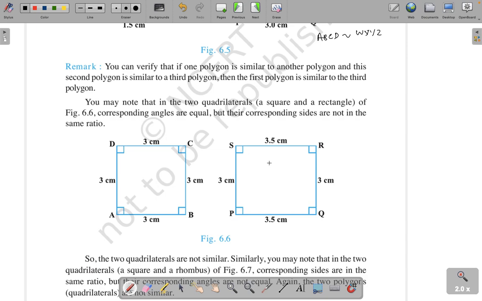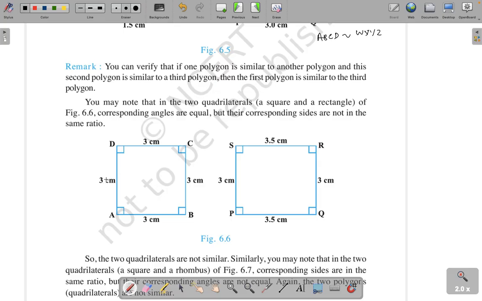so they are not similar. We can start by saying that two polygons or two figures are said to be similar if, number one, the corresponding angles are equal, and then the sides are proportional. For these two figures, the angles are equal, so one criteria is met.